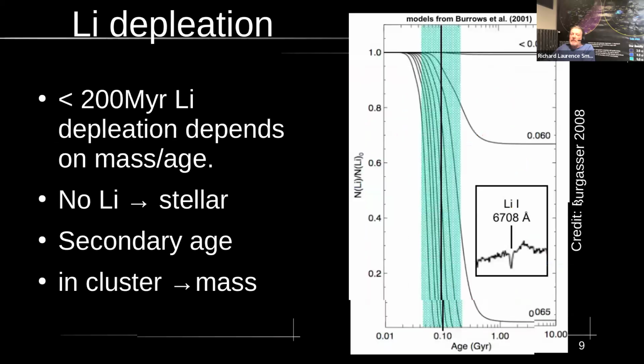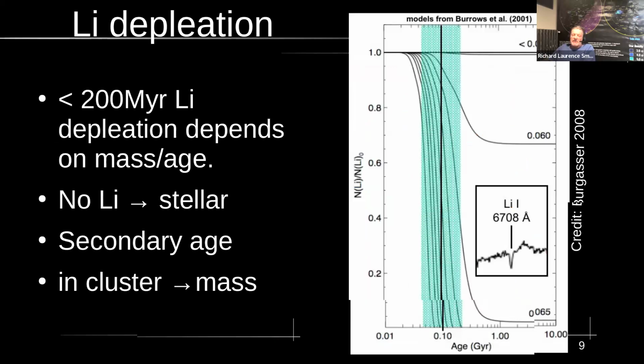Next slide. This is lithium depletion. The lithium depletion changes very quickly with age. In this under 200 mega years, it depends on mass, and so therefore how much the lithium is depleted allows you to find the mass. If we find there's no lithium, then it's stellar.